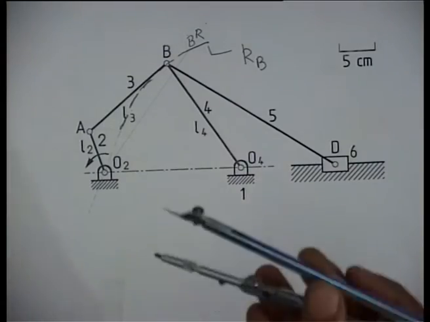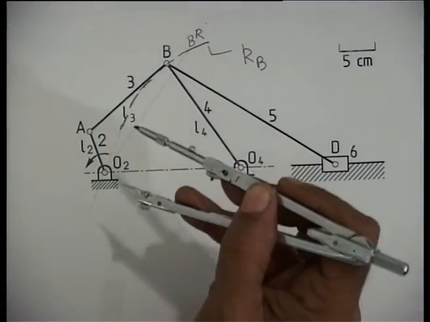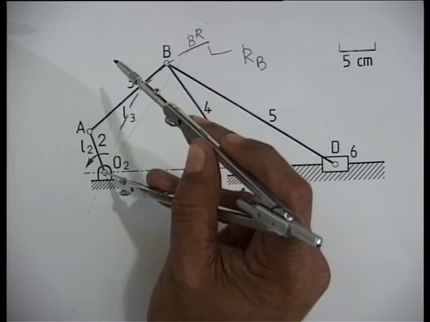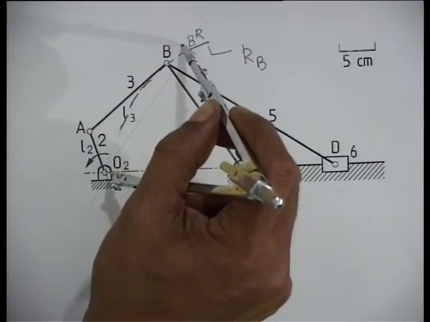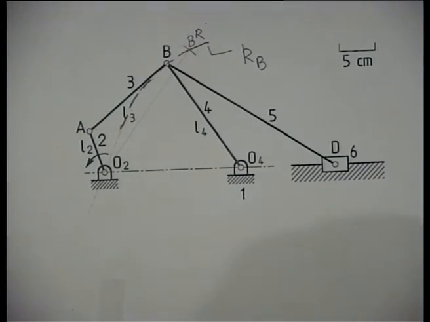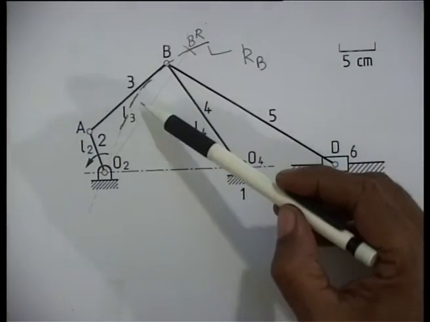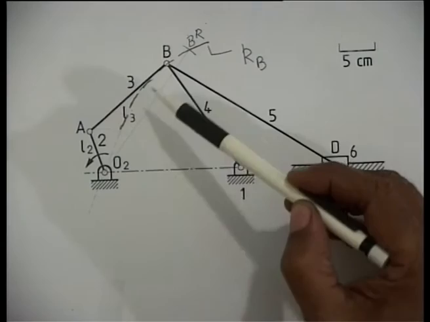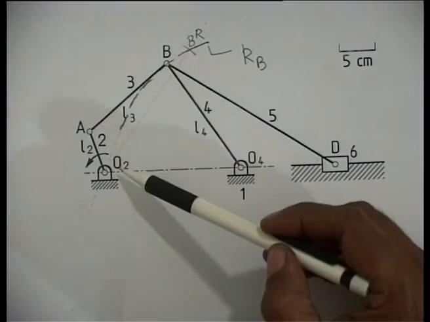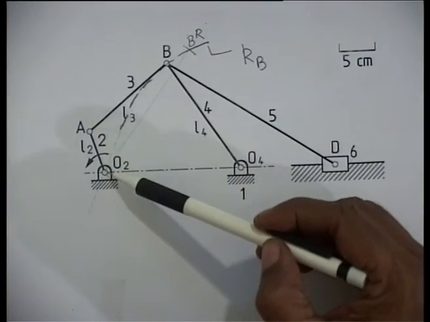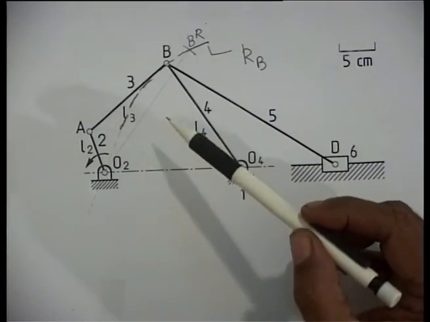So, I take O2A plus AB, and from O2 I mark that distance at BR. Let me repeat, B moves on this circle, and at the extreme position O2A and AB become collinear. So, O2BR becomes O2A plus AB.